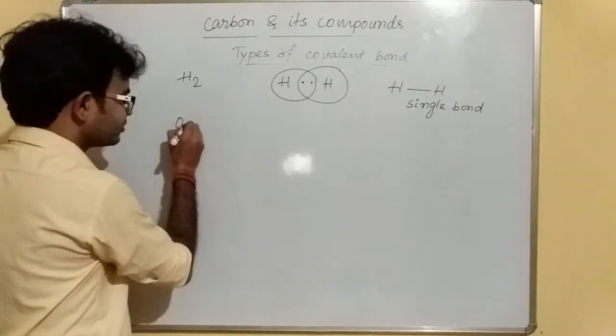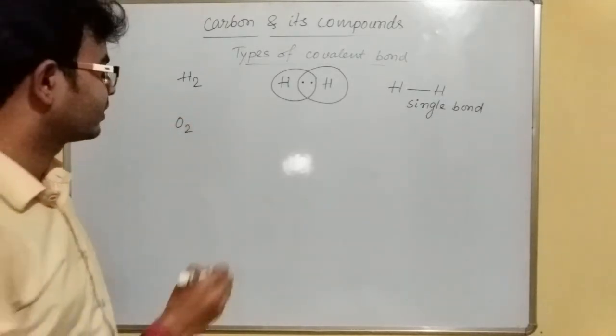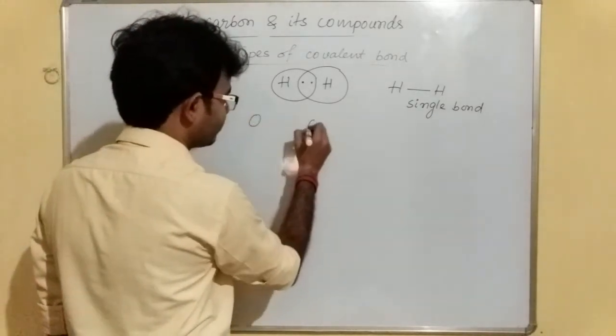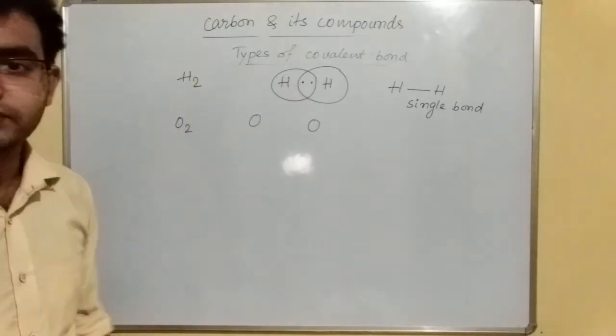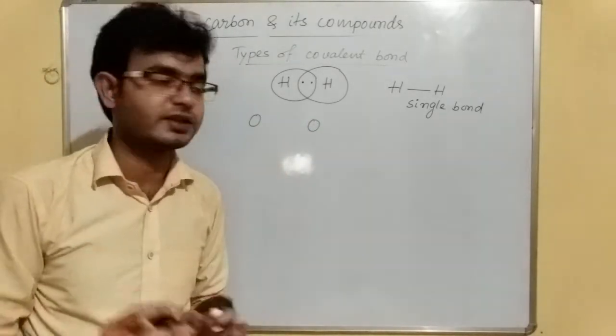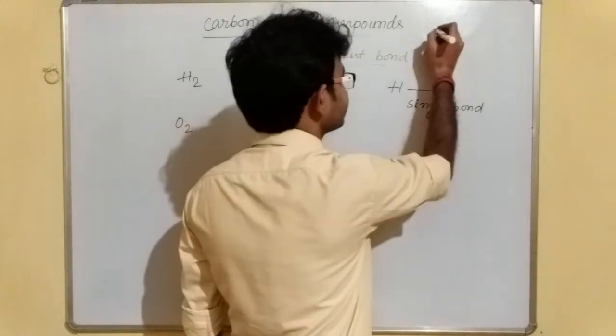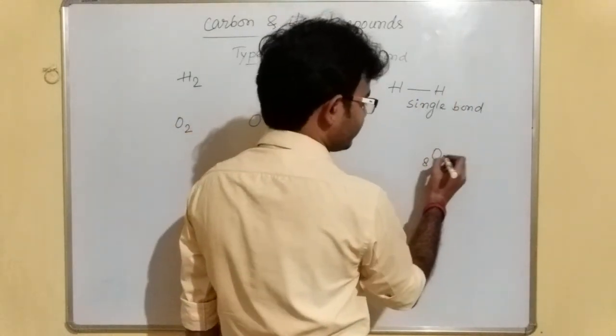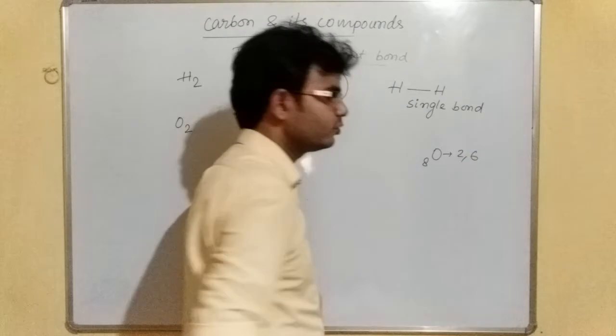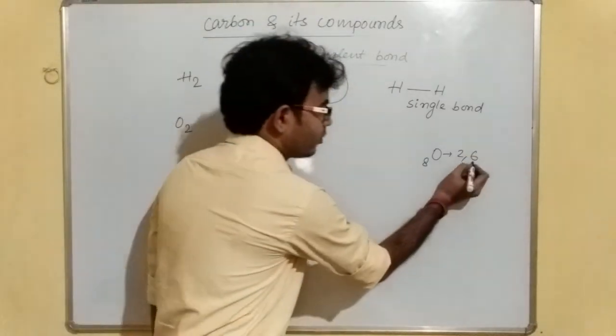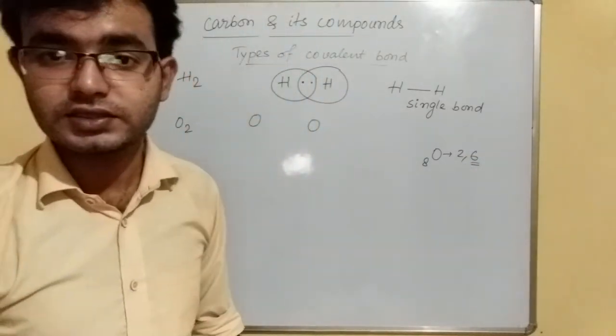Next, let us discuss the formation of O2. Now, O and O. O2 is formed by the combination of 2 oxygen atoms. The atomic number of oxygen is 8, electronic configuration 2,6. So oxygen contains 6 valence electrons.